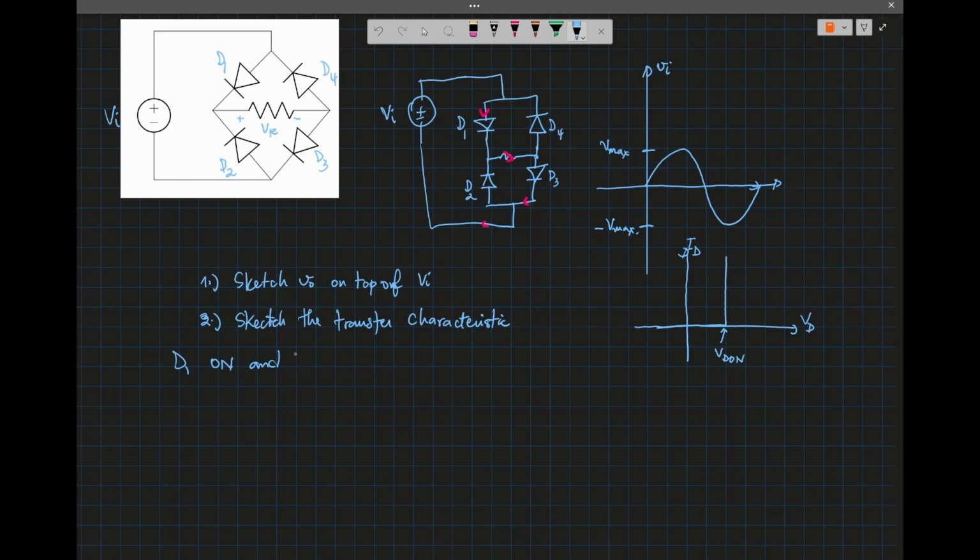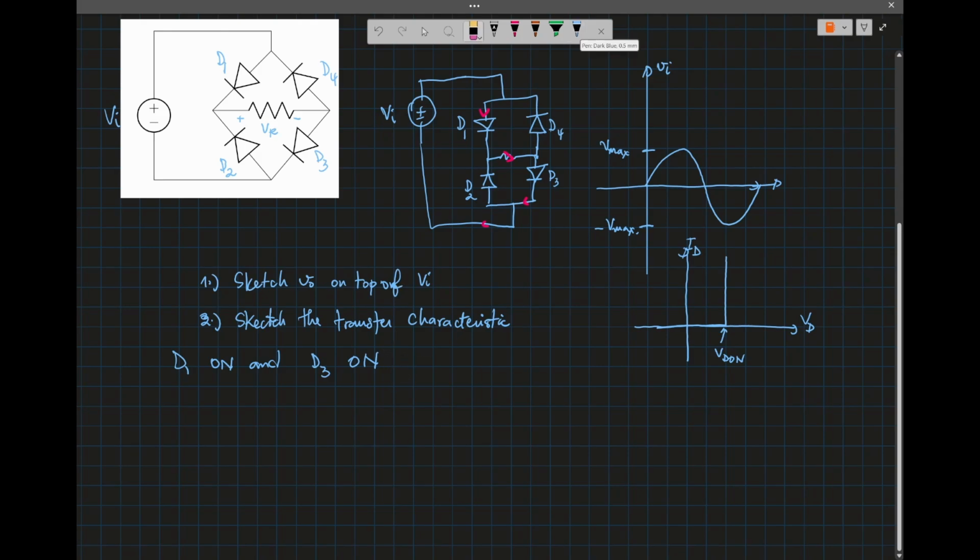So when D1 is on and D3 is on, as you can see, Vin under that condition will be positive.